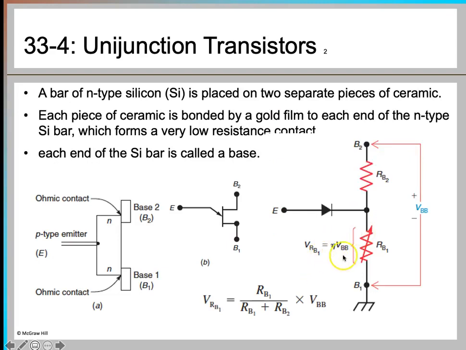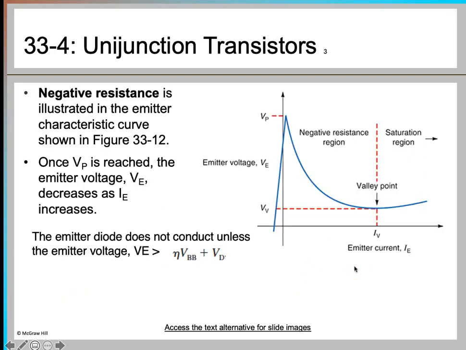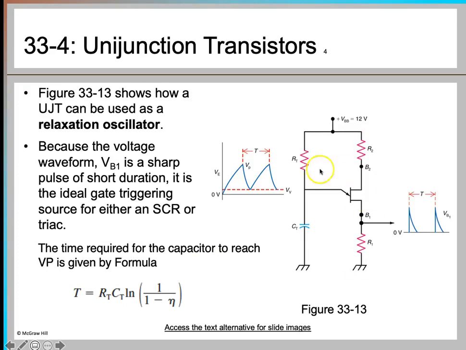This is a constant whose value will be given in the numerical problems if you attempt them. So we see that increasing the value of either RT or CT increases the time required for the voltage across CT to reach VP, because they are directly proportional and the time constant will also change.